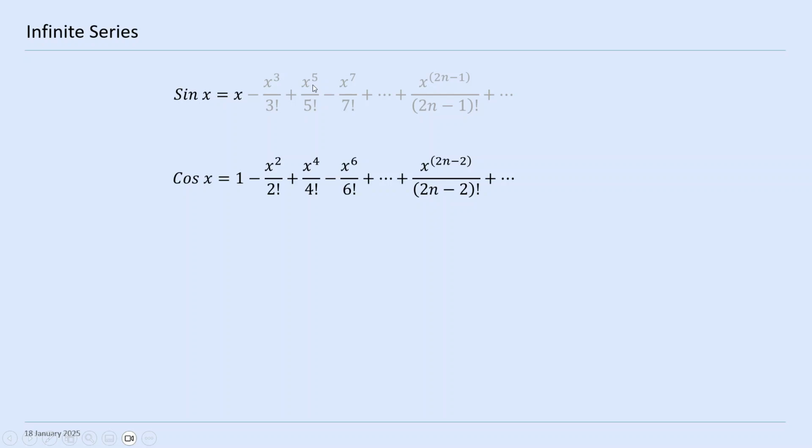So if it's a tenth, you've got 1 over 100,000 here, and then you've got 1 over 120 here, so it's going to be about 1 over 10 million. So these things get tiny very quickly. So sine x, we can just say is x. Cos x, if x was super tiny, we could say it's 1, because it does approach 1. But we're going to be a bit more precise than that. We're going to say it's 1 minus x squared over 2 factorial. 2 factorial is 2.